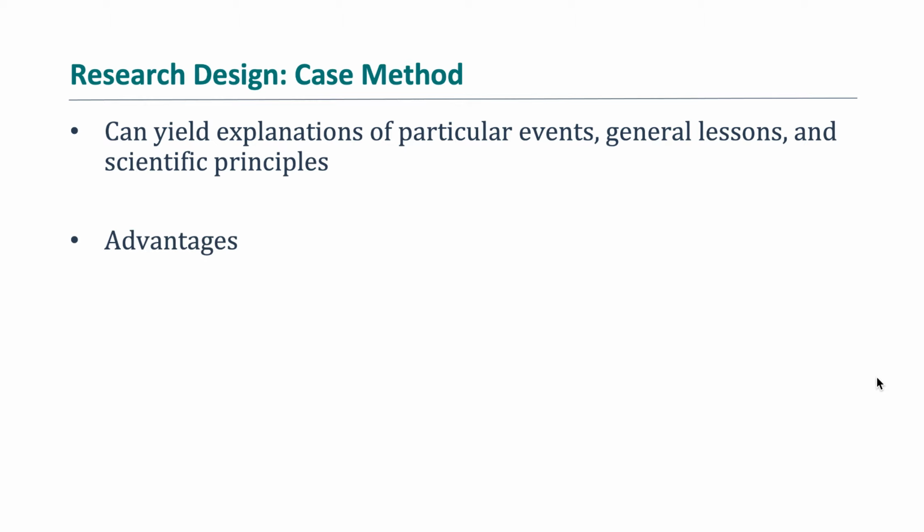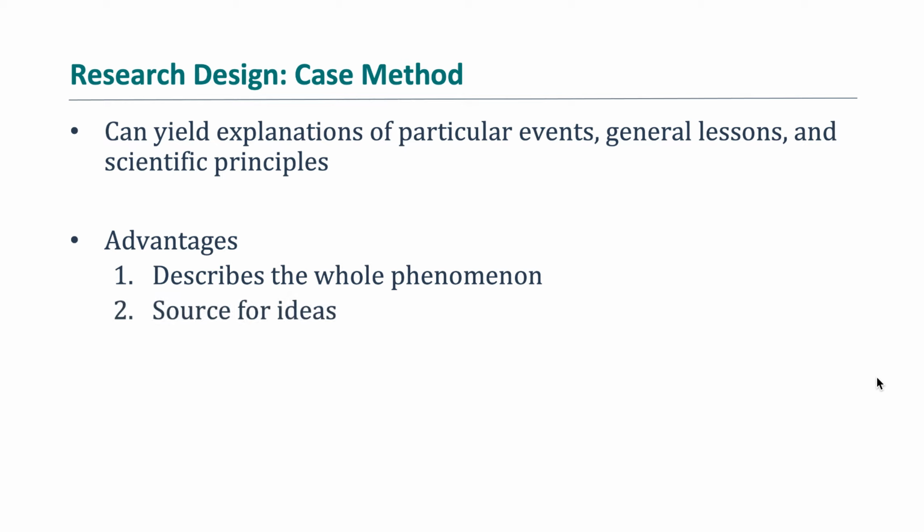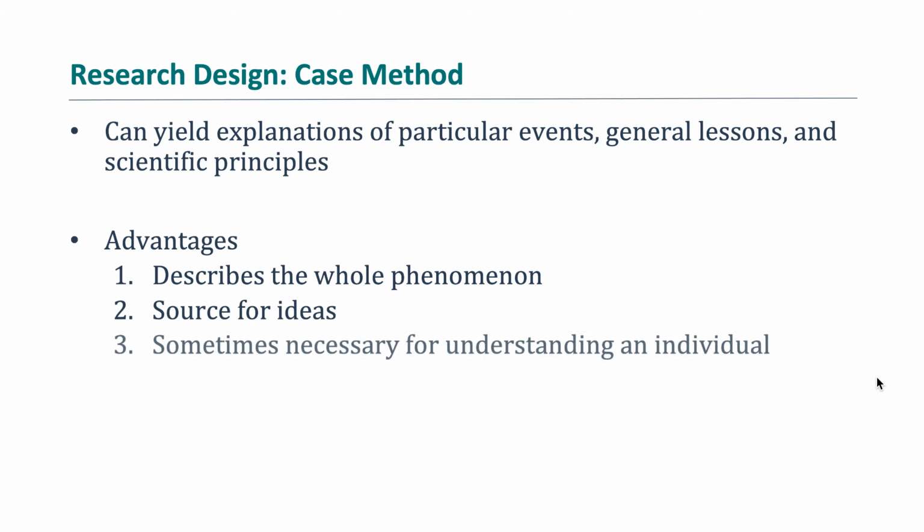There are some advantages to doing this. It describes the whole phenomenon. Because you're only looking at the situation, you can look at it through every lens in the book, and it's very much just about that phenomenon. And it's a good source of ideas because it can generate hypotheses.